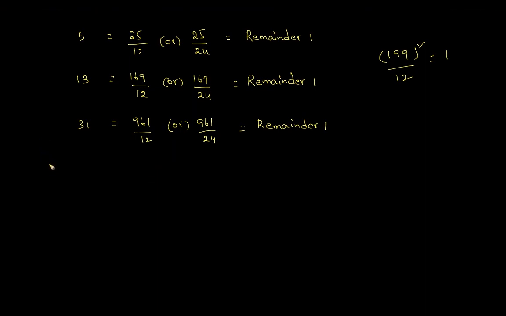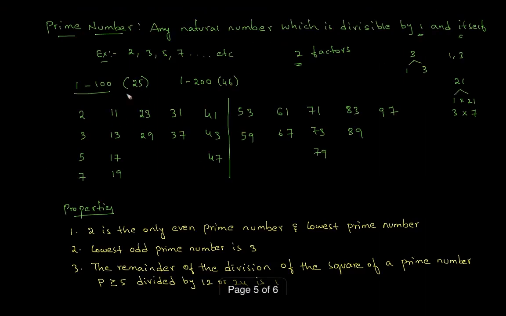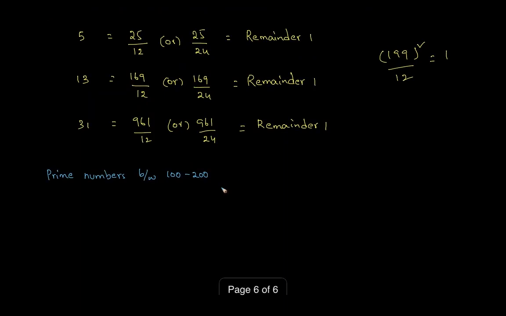And now we see the prime numbers between 100 and 200. Earlier what we have seen? The prime numbers between 1 and 100. Now we see prime numbers between 100 and 200.